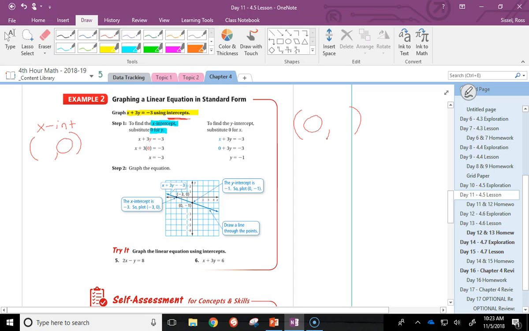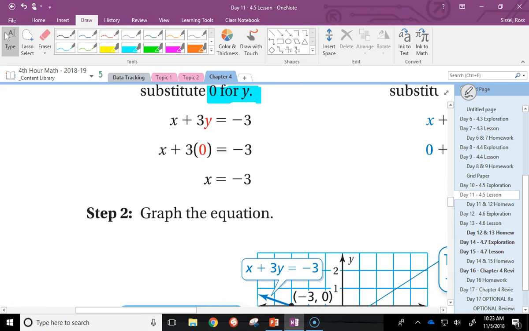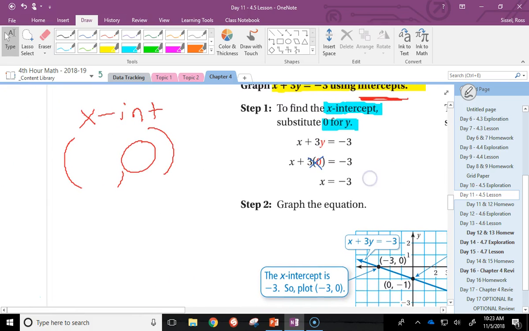So x plus 3y equals negative 3. We're going to solve this equation. I'm going to say x plus 3, and instead of y, we said 0. What's 3 times 0? 0. So I'm left with nothing over here. I have x equals negative 3. That's simple. So my x coordinate is negative 3. My y coordinate was 0.